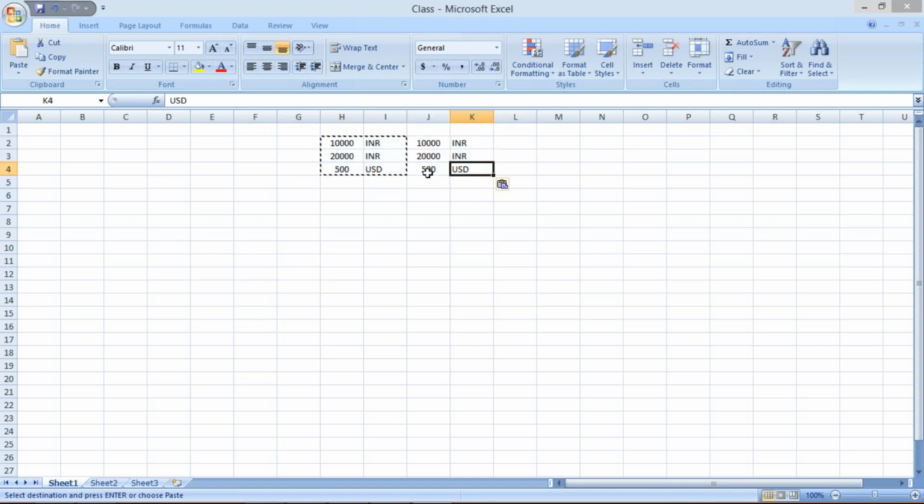Let's suppose 1 USD equals 60 rupees, so it should be 30,000 INR. And that's how if you calculate the total, then 60,000 rupees is our total rent expenses.